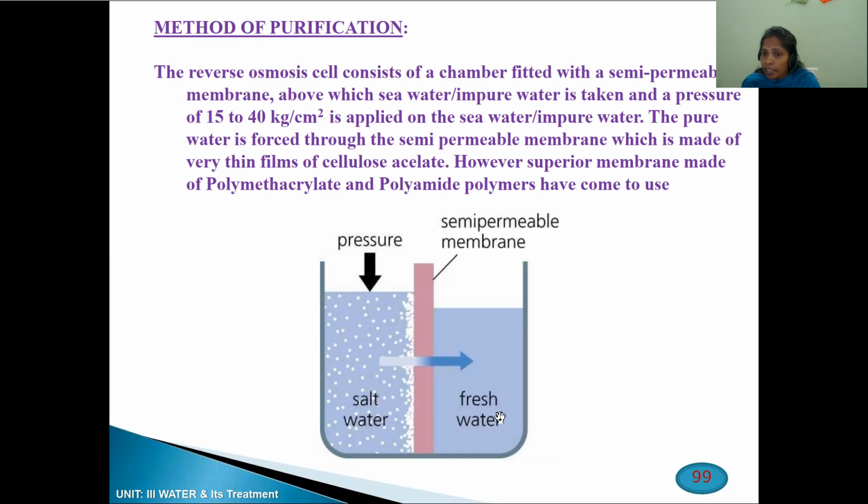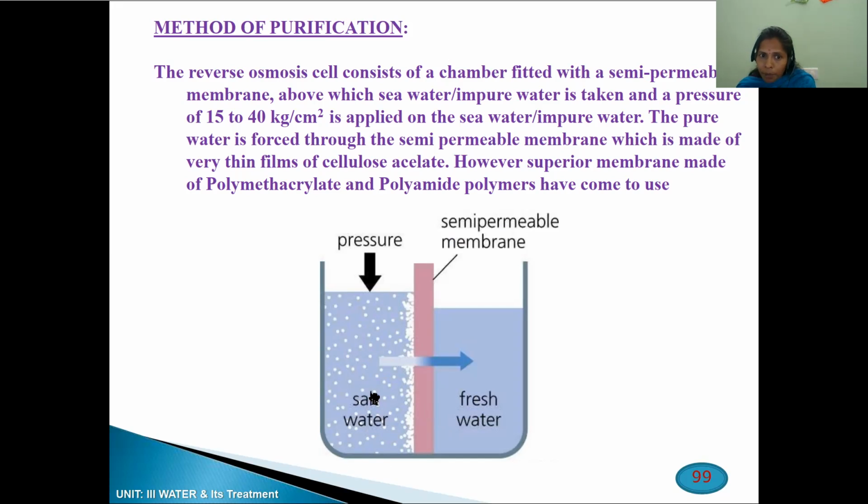But what is happening in the reverse osmosis process? Solvent is transferring from high concentrated to low concentrated, because we are applying more than the osmotic pressure at the high concentrated side. Only the solvent is transferred from contaminated water to fresh water.